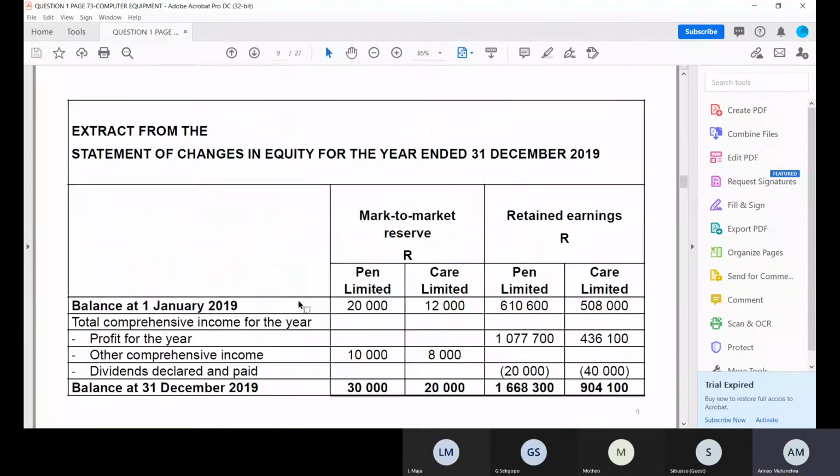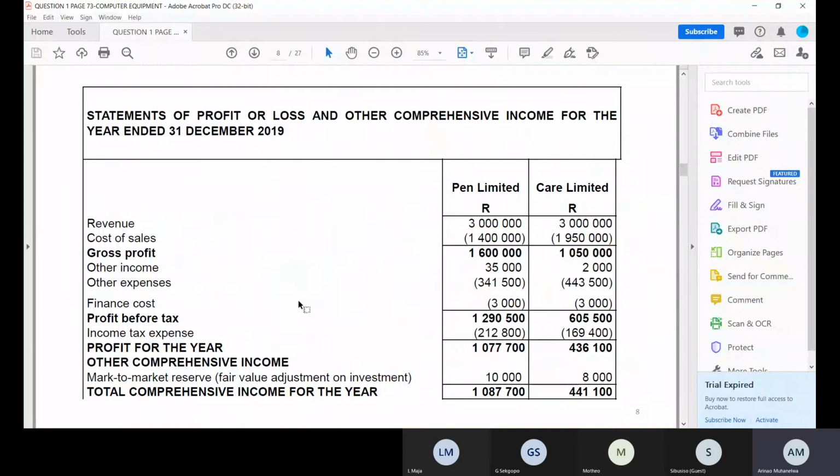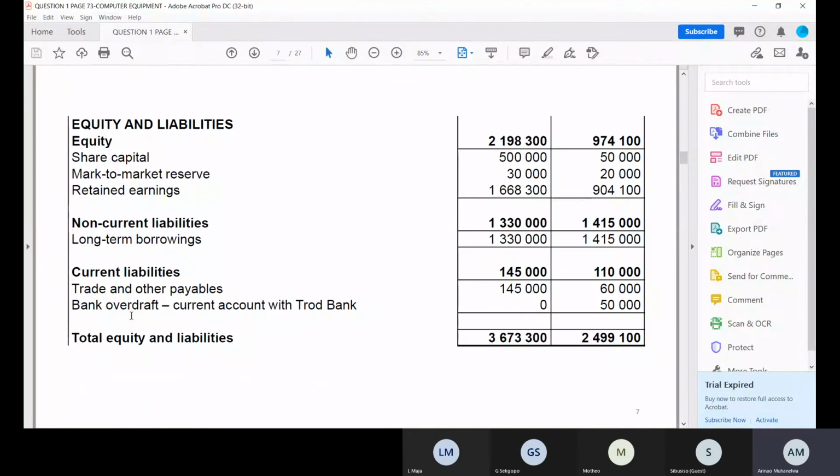So if I go back to the statement of financial position, there's no loan amount given there. If I come back to trade and other payables, you can see that there's a 60,000 amount. This will be the loan amount granted.